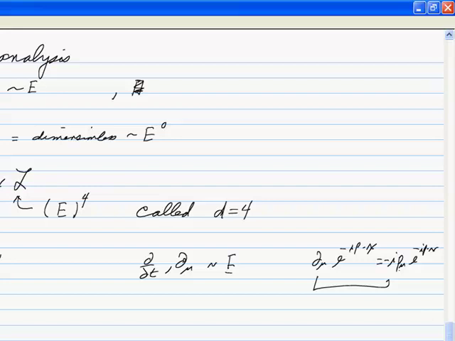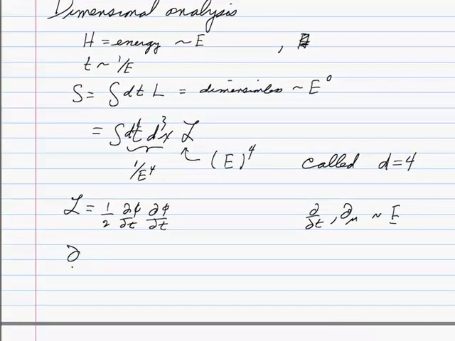So one of the rules is that any derivative that you have goes like an energy to the first power. And since the Lagrange density goes like E to the fourth, and d by dt goes like E, phi has to go like the energy to the first power also.